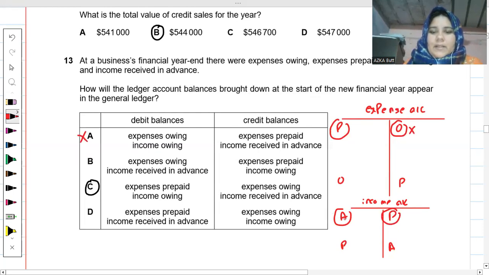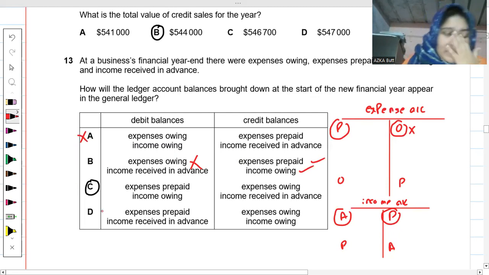But at this time, if the balance is on the debit side of the income account, it means this is not advance. Prepaid income is an advance payment. Expenses prepaid, yes, this is the right option. Income owing, this is the right option, but the other parts are not right, so we cannot say that option B is the right option.